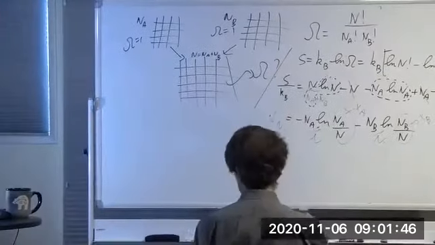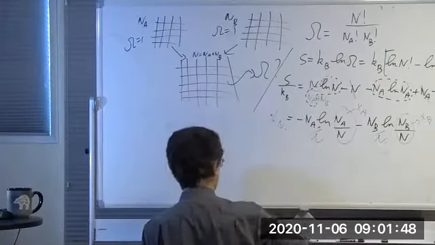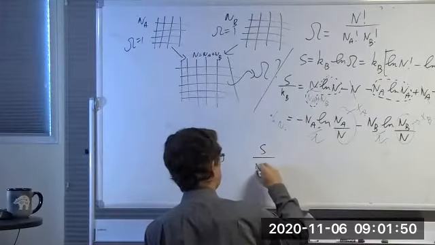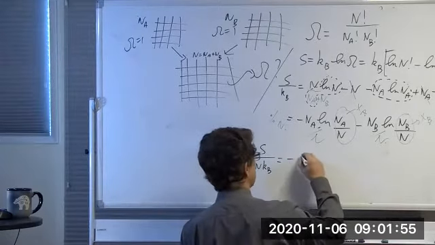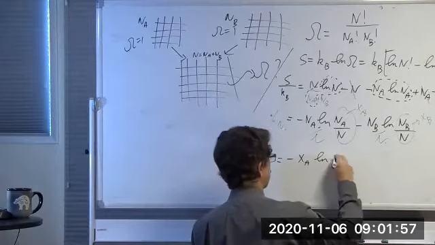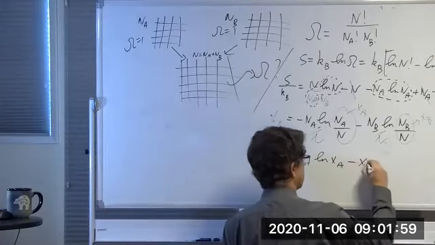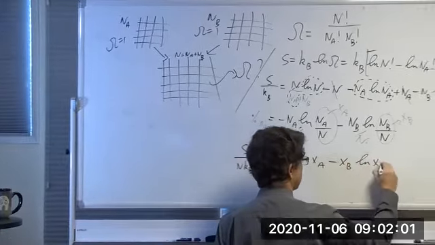So S over N Kb is minus XA log XA minus XB log XB.